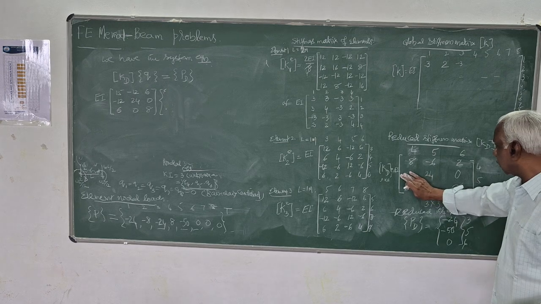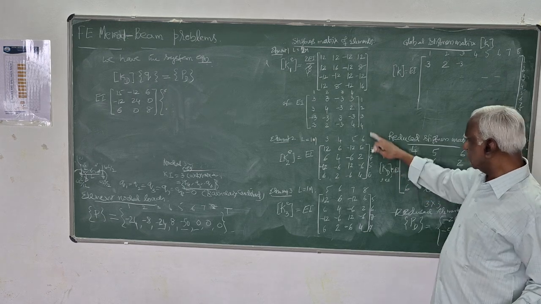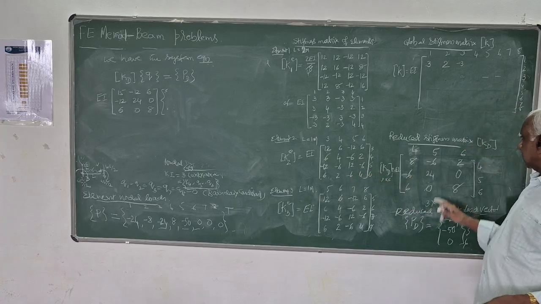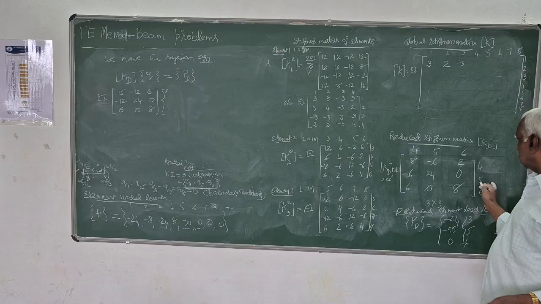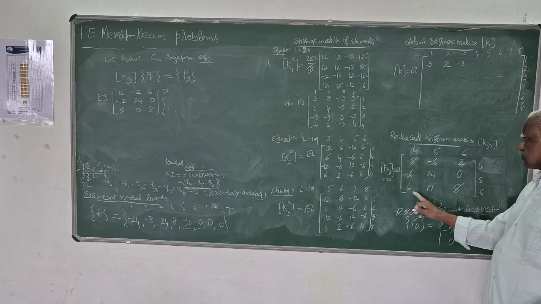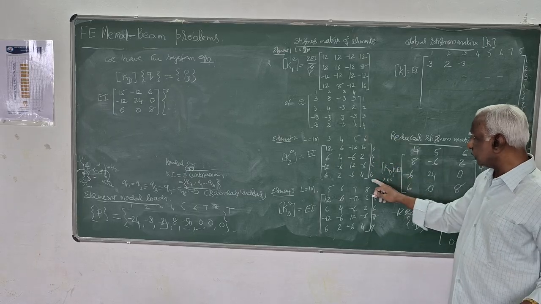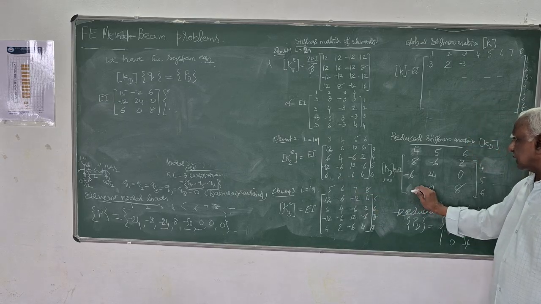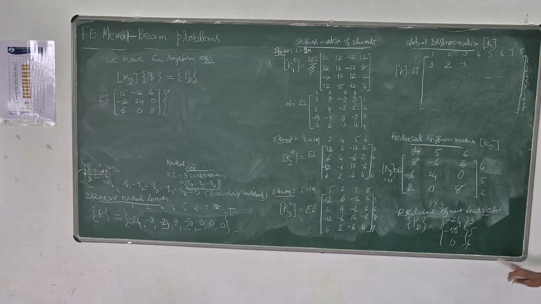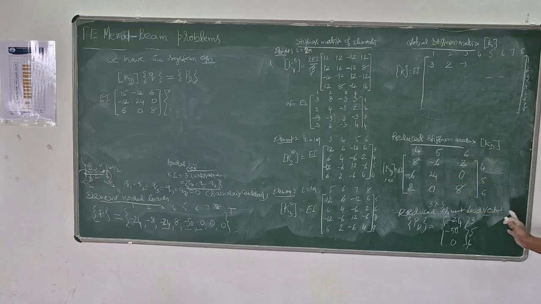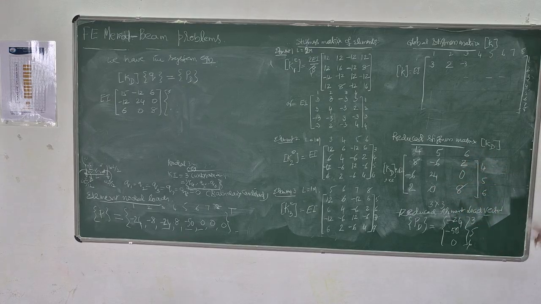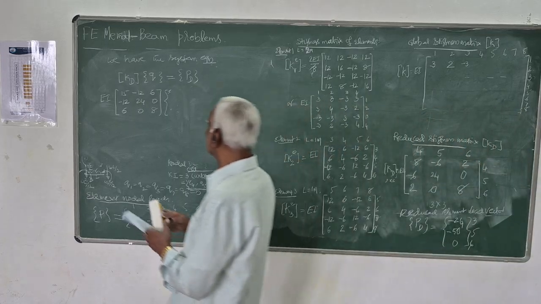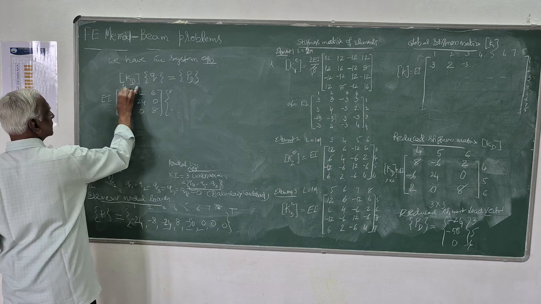Then 5, 4 you don't have, here it is minus 6 automatically. Then 5, 5 okay, 5, 6 okay. Then 6, 4 you have here 2; here it has to be. That much correction. If you make a mistake like that, you can rectify it without any problem. So 4, 5, 6 are the unknowns.